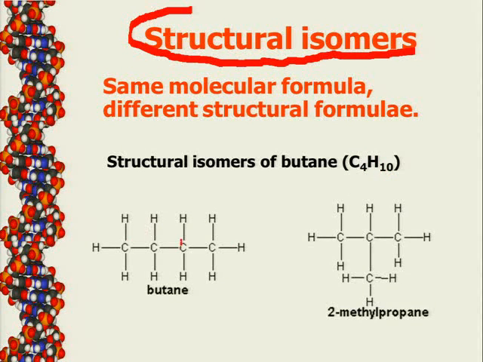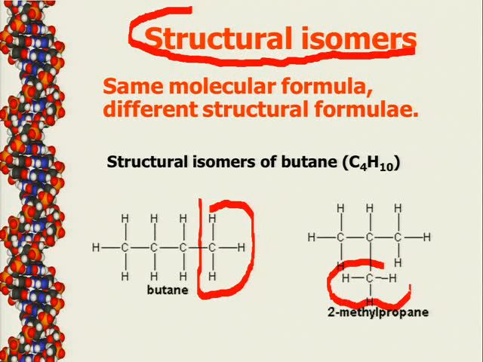And then this will be the structural formula for butane. And then what we can do is, if we take this carbon and remove it from there, and then we put it here, you see, we have changed the structure. But when you count the number of carbons for structure number 1 and for structure number 2, you've got the same number of carbons, and the same number of hydrogens.